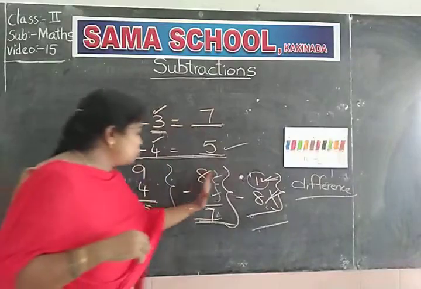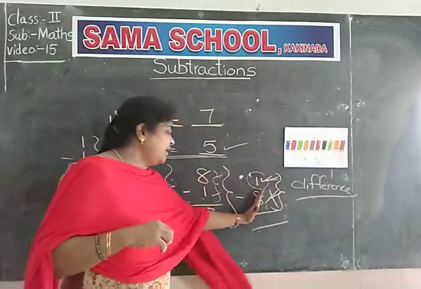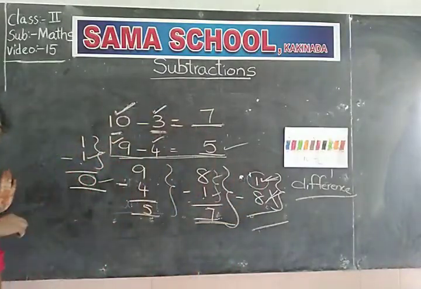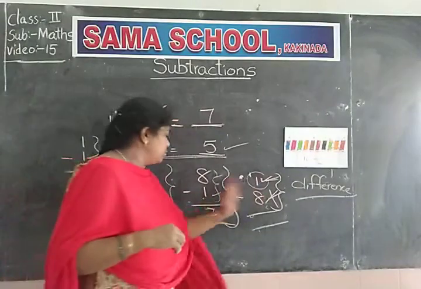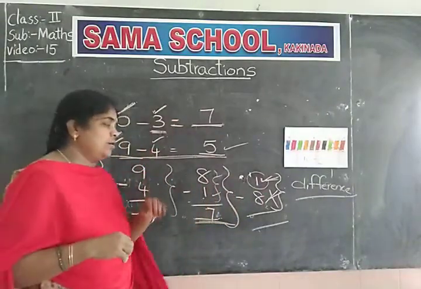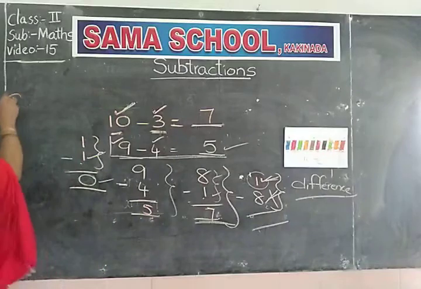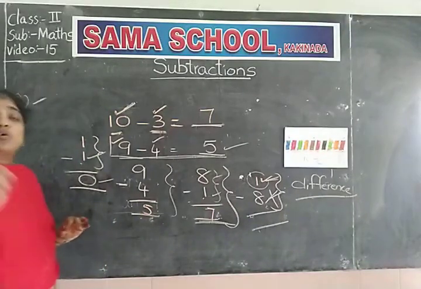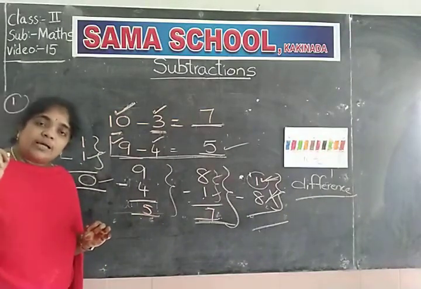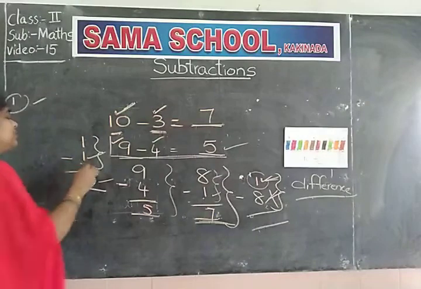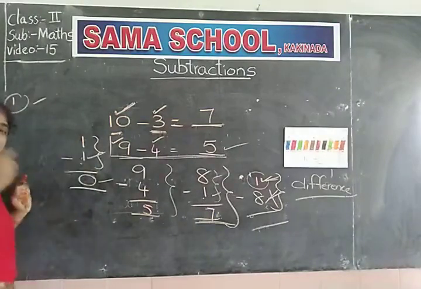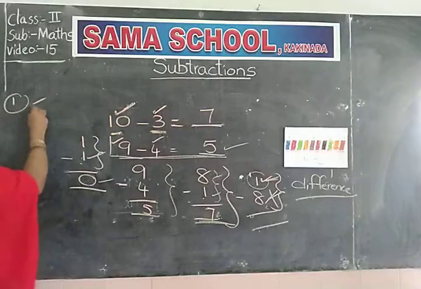From these, what can we say? We can say from these 3 also. One is we can subtract a small number from the big number or the same number. The same number also we can subtract.